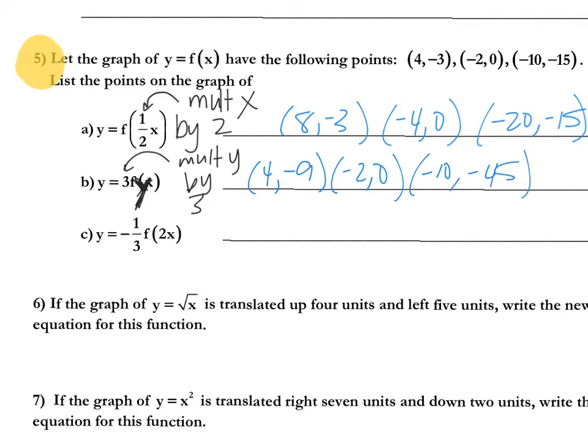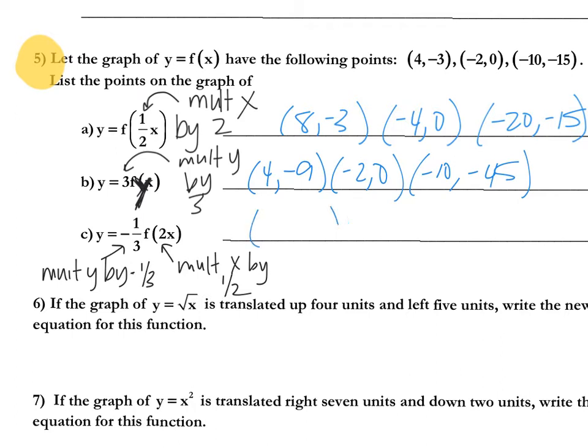Then the last one's a little bit harder. What we have here is a number with the x. That means multiply the x by 1/2. Always use the reciprocal when it's inside there. In this part, the negative 1/3 means multiply the y by exactly what is there, negative 1/3. So we're doing something to the x and to the y here.